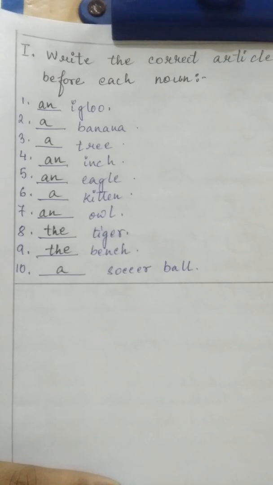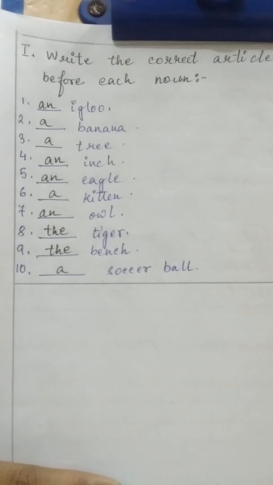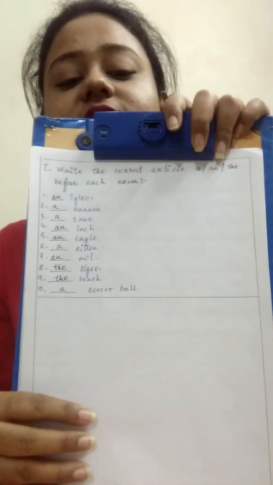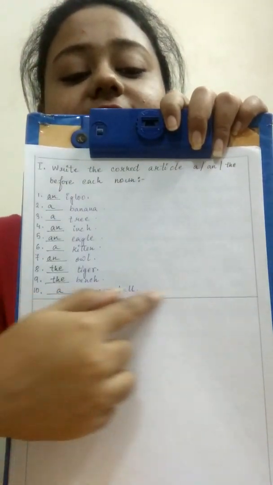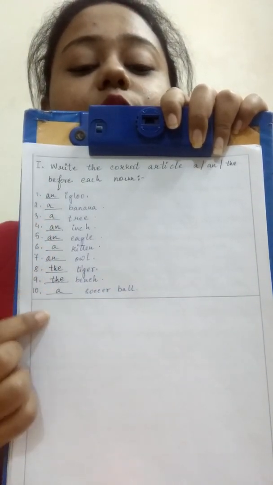Dash kitten, a kitten. Dash owl, an owl. Dash tiger, the tiger. Dash bench, the bench. Dash soccer ball, a soccer ball.